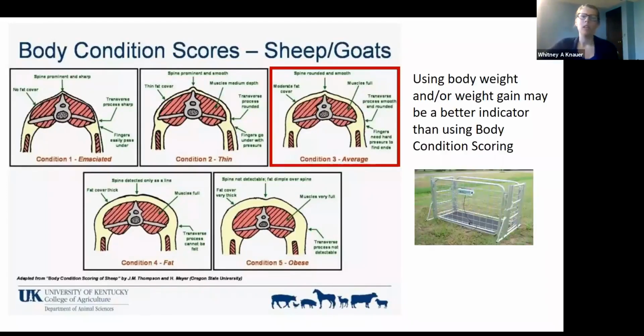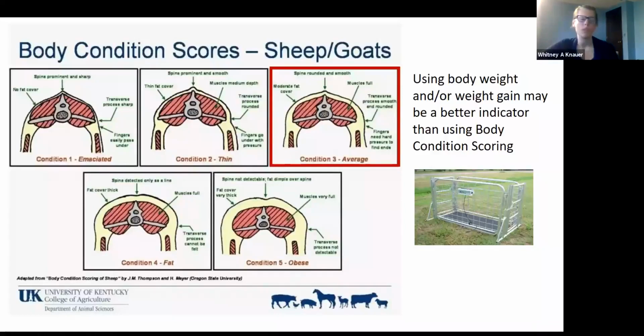Another consideration is using body weight or body weight gain or loss as an indicator, because sometimes, and this is also true with diarrhea, when animals have really bad diarrhea or if they're really, really skinny, it might actually be too late. So I think one of the best investments that a producer can make is in a scale.